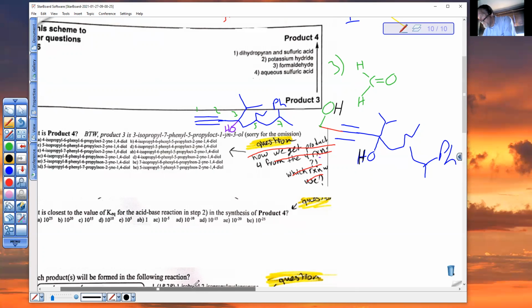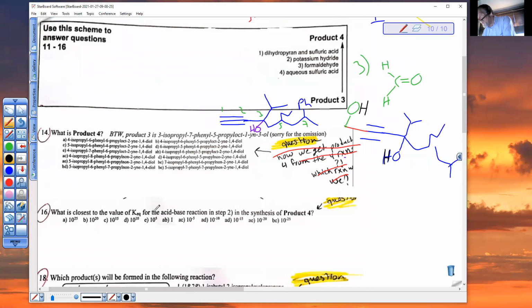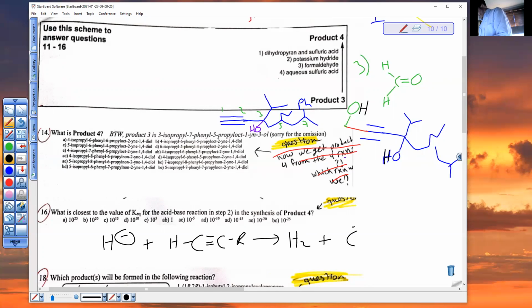And what is closest to the Keq for the acid-base reaction in step 2? Potassium hydride. So we got H- plus a terminal alkyne. You're talking about a pKa of 25 going to a 35.